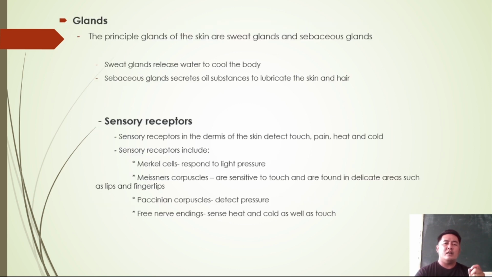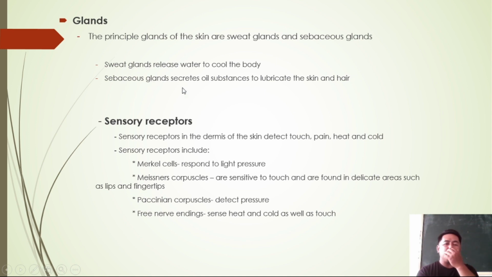We have the glands, which we can see here in the integumentary system. The principal glands in the skin are the sweat glands and the sebaceous glands. Sweat glands release water to cool the body. So the sweat comes out of the skin.